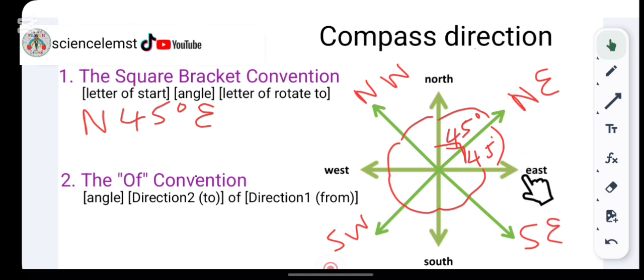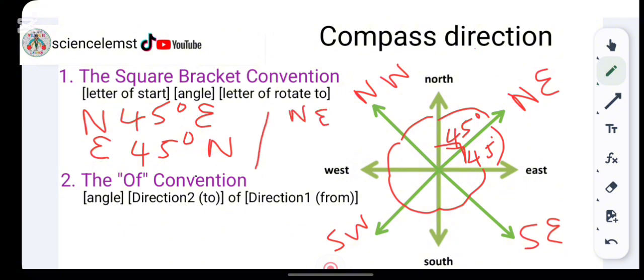If I was starting from the east, going towards the north, then I would say east, 45 degrees north. That is the square bracket convention method. Simplified, we'll just say northeast.